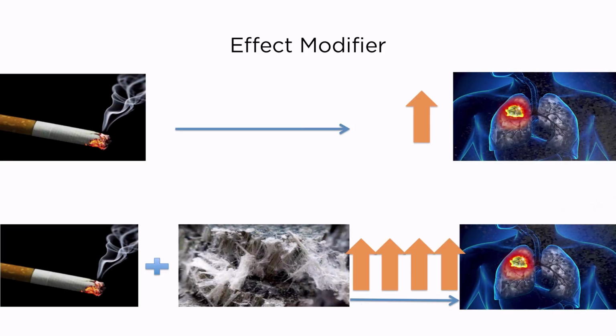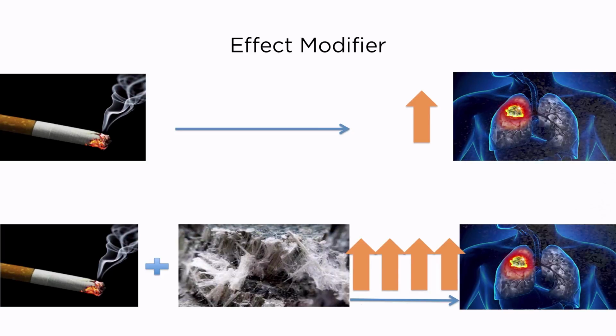Confounding should be contrasted with an effect modifier, and this is a really important distinction for you to be able to make. An effect modifier occurs when a third variable actually helps to explain an altered effect based on the first variable. So in this example, smoking increases the risk of lung cancer. What we know is that the combination of smoking with asbestos exposure exponentially increases an individual's risk for lung cancer.